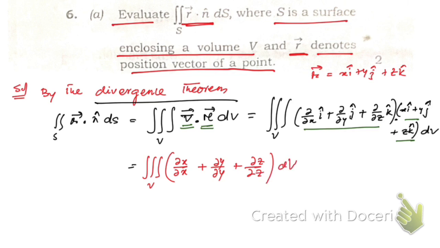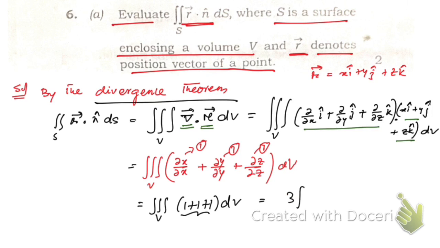This is equal to 1, this is also equal to 1, and this is also equal to 1, right? So we have the volume integral of 1 plus 1 plus 1 dv, that's going to be 3, right? So 3 can be written outside the integral. The volume integral of dv gives the entire volume V, so 3 into V. That is your result. That's how we can evaluate. So hope you have understood.